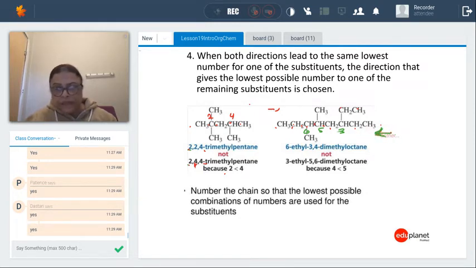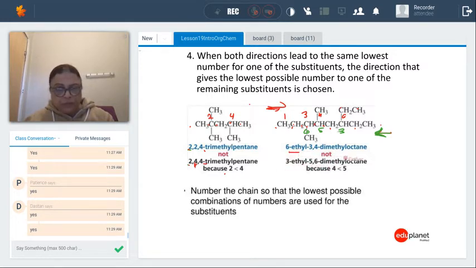What if I count the other way around? I will have 1, 2, 3, 4, 5, 6. So I have the difference between 3, 5, 6 and 3, 4, 6. 3, 4, 6 is smaller than 3, 5, 6.